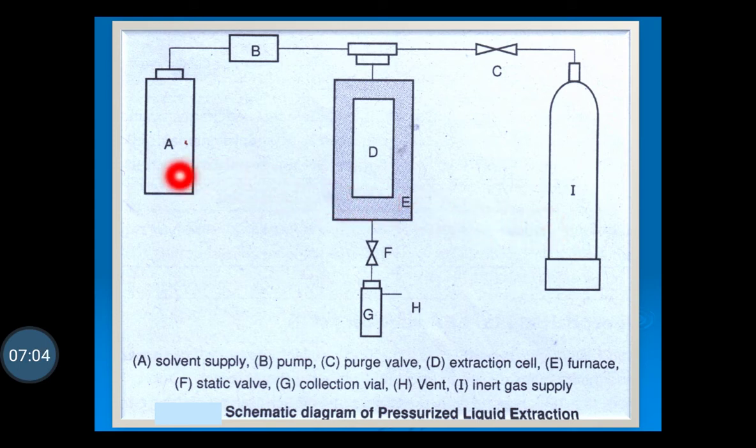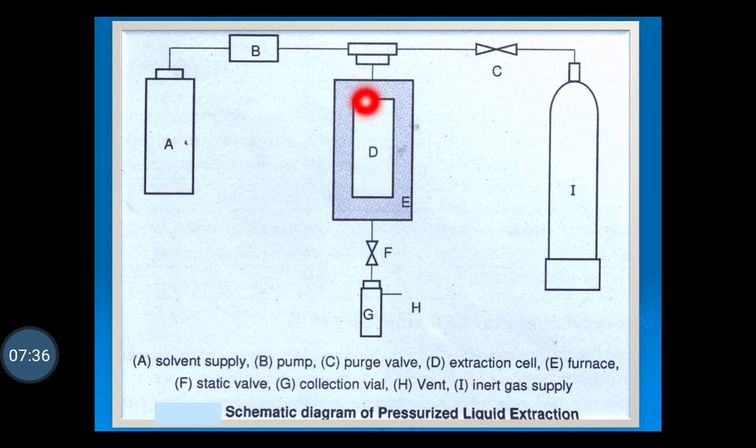The liquid or the solvent which is used for the extraction is pumped by pump P into the extraction cell. The pressure is maintained by the inert gas supply. C is a purge valve which is used for this purpose. In D you have to place the crude drug in a coarse powder form.